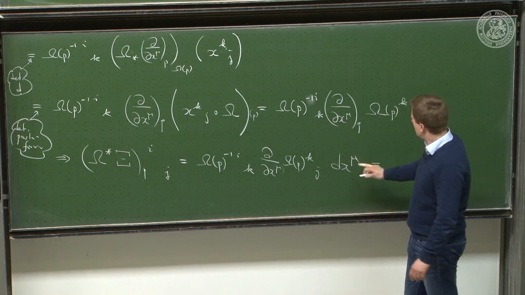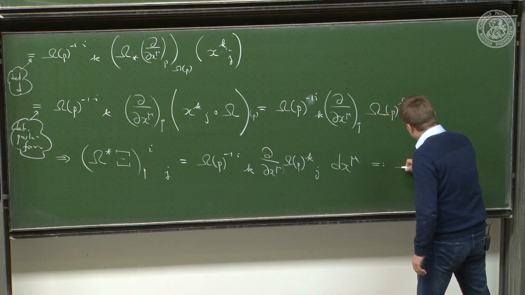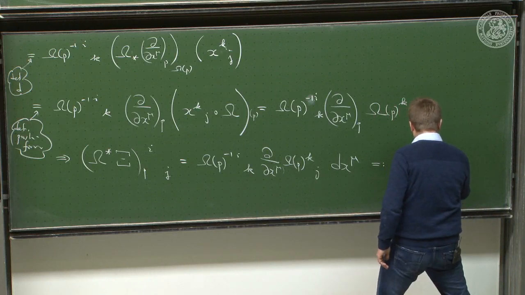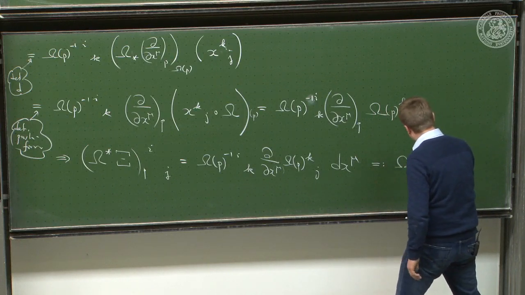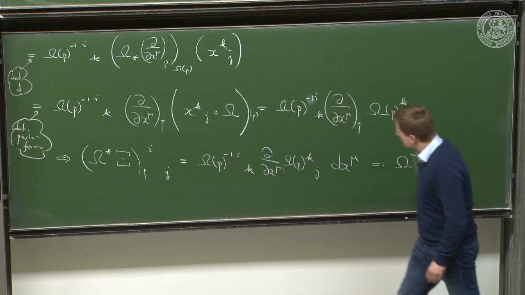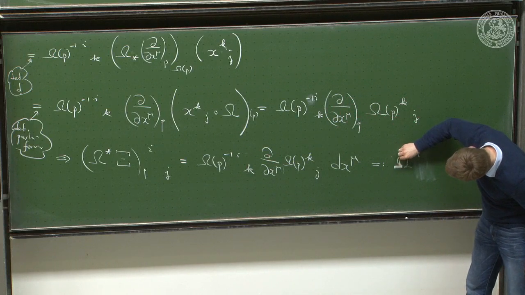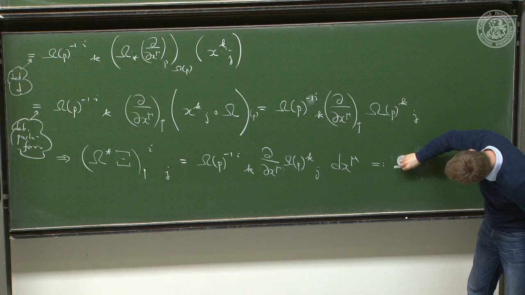So what you usually do, but this is really a definition of what you mean there, you write this as omega of p, or even without the p's, it's clear, it's all at the point p, omega inverse, and now we say it's a matrix because it is, so we make it fat. It's not the components of the matrix, it's the matrix.